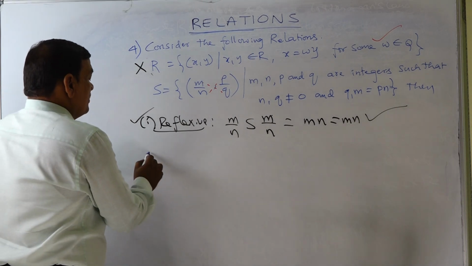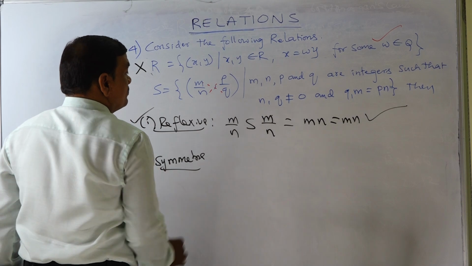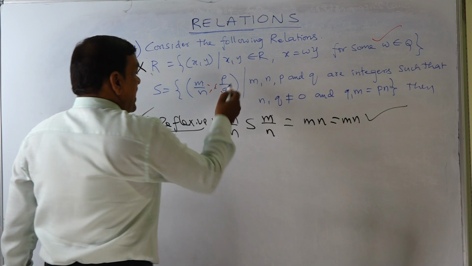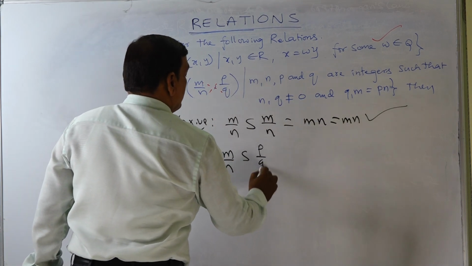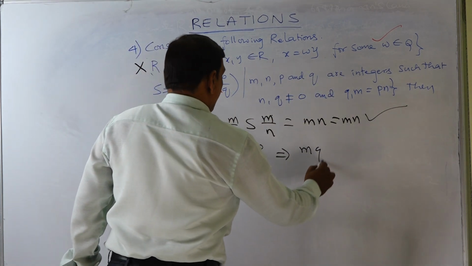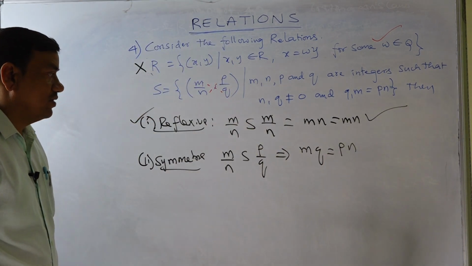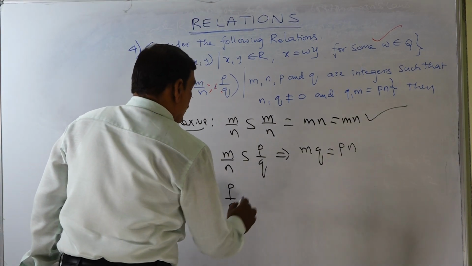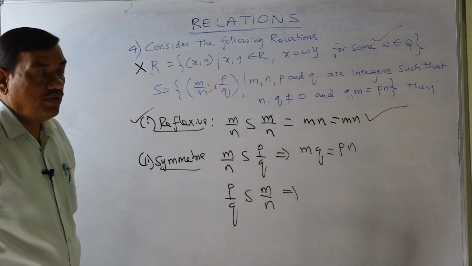Let us check for symmetric relation. Symmetric relation means you have to take any two fractions. That is, m by n is related to some p by q according to the definition. So mq is equal to pn. Let us check whether p by q is related to m by n.